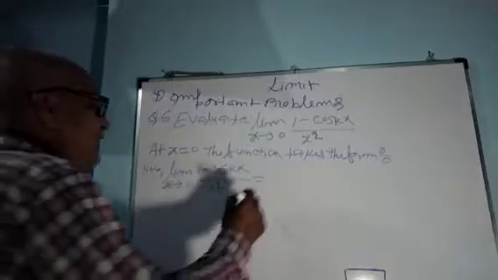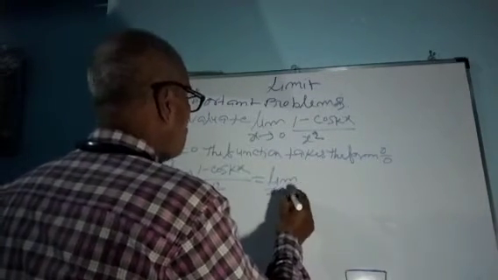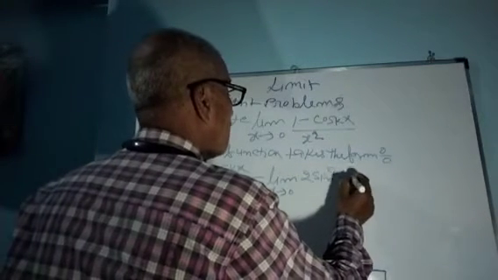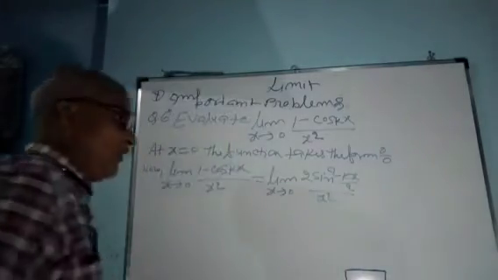This is equal to limit x tends to 0 of sin square kx by 2 by x square.